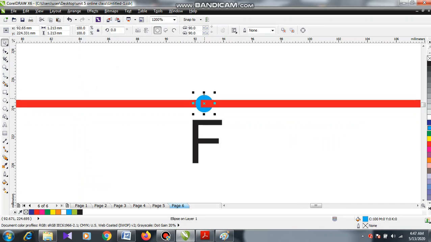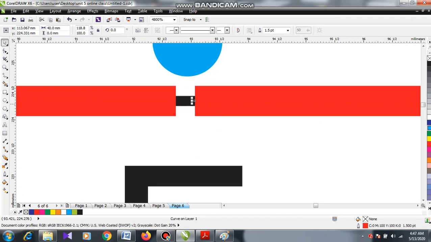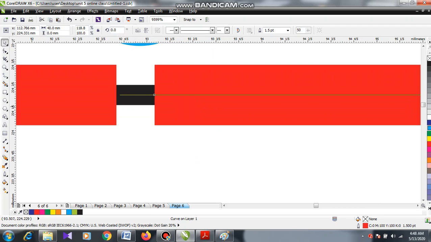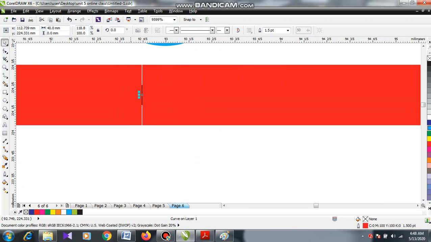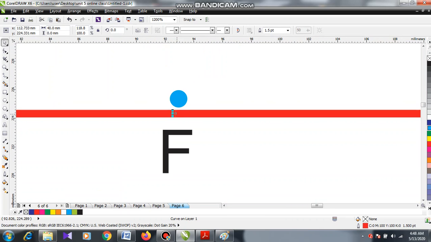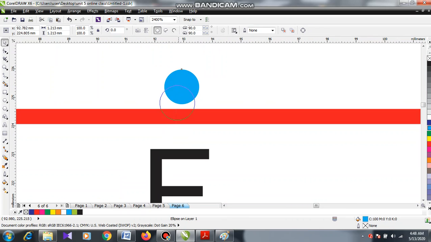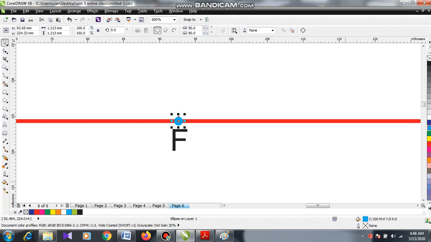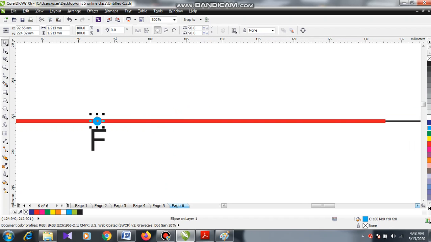Actually, these two lines should be touching each other exactly, then only the measurement will be right. Even this much of space should not be there, so I am closing the space. Okay, so that is the focal point. Now from the focal point I have taken another 4 centimeters, that is this point.